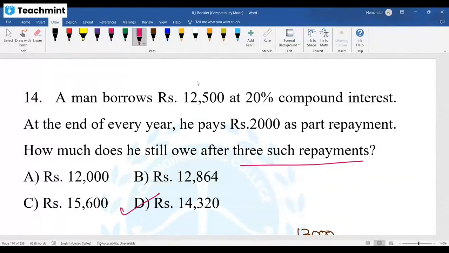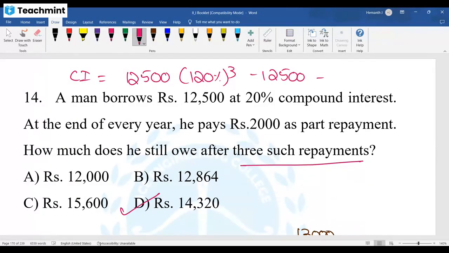Listen. Some people are doing this approach. This is the wrong approach. See, some people claim like this, sir: 12,500 into 120% whole cube minus 12,500 means interest, sir. They are paying 2,000 every year, minus 6,000, like 2,000 into 3, sir. Why is this wrong?